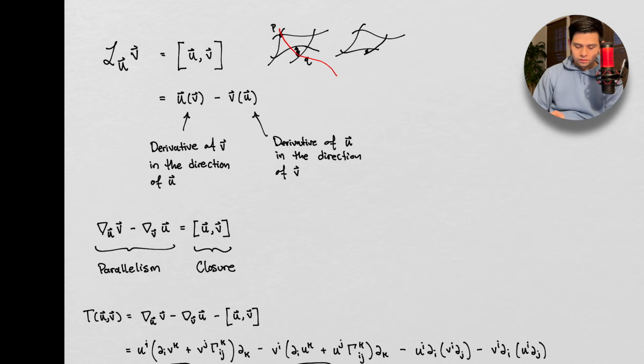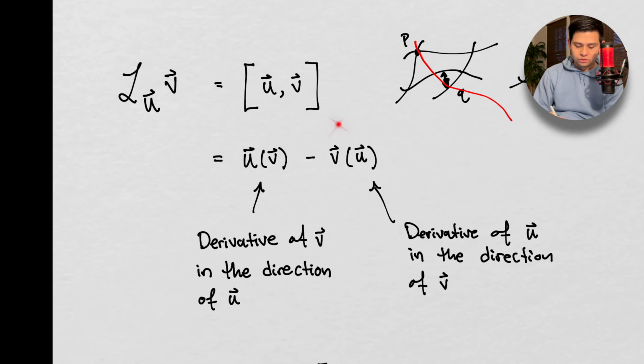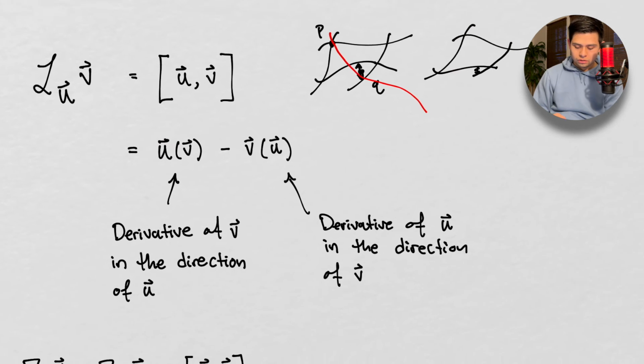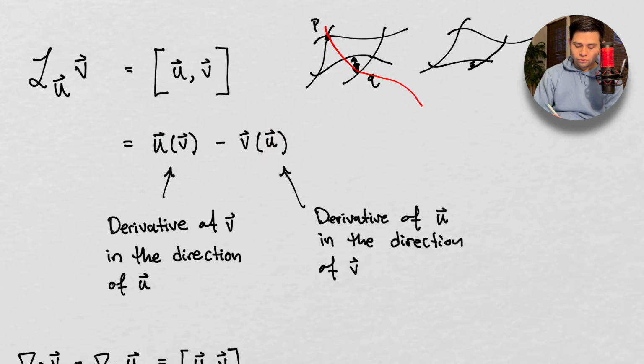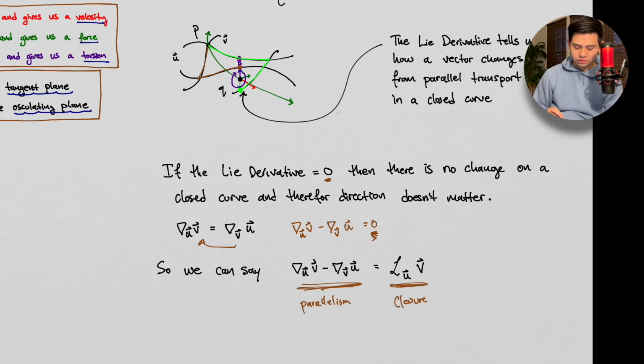All right. So we're going to define the Lie derivative in this way. This is the Lie bracket. And the Lie bracket can be thought of like this: this is the derivative of V in the direction of U, and this is the derivative of U in the direction of V. And that's exactly what we were talking about when we were talking about this closure, right?